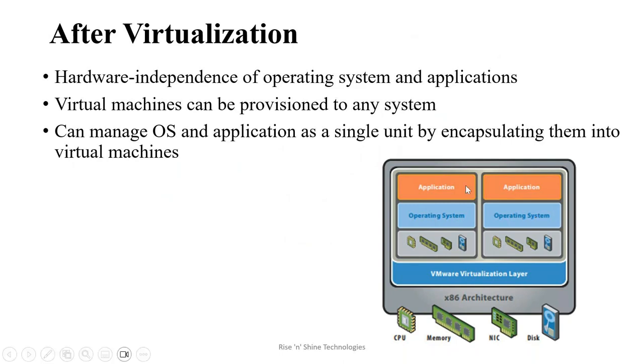So the application, its OS, and its required hardware components can be encapsulated, and this entire unit is what we call one virtual machine. This is another virtual machine, or we'll call it a server. This is one server, this is another server.